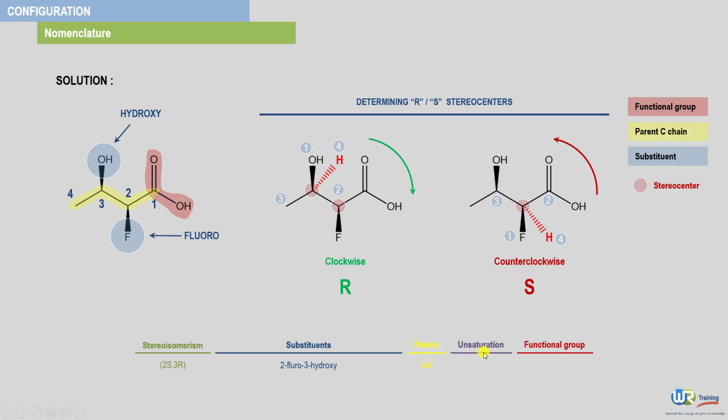We don't have unsaturation, so we will write an to highlight that all the bonds are single bonds. And for the functional group, we have a carboxylic acid, so we get the suffix oic acid. So to summarize, the complete name for this compound is 2S 3R 2-fluoro 3-hydroxy butanoic acid.